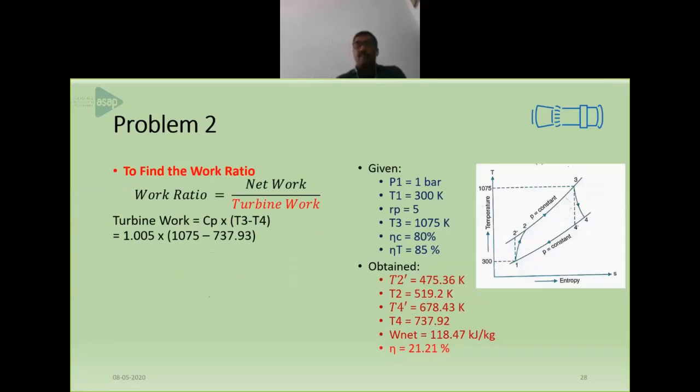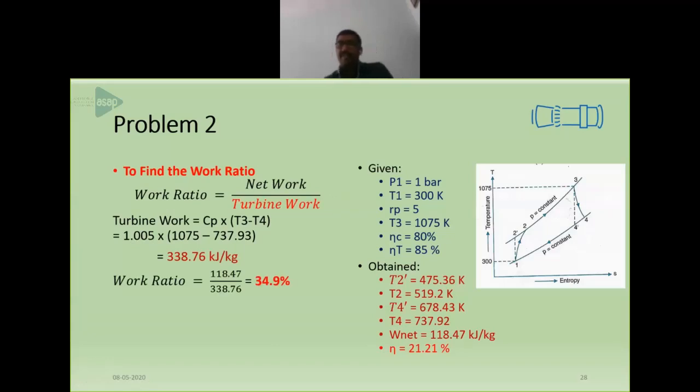Now the work ratio, that is the last point we have to find out. Work ratio is the net work divided by the turbine work. Already you have net work. The only thing you have to find out is the turbine work, which is also very simple, Cp into (T3 minus T4). T3 minus T4, not T4 dash. Using that, you will get 338.76 kilojoule per kilogram.